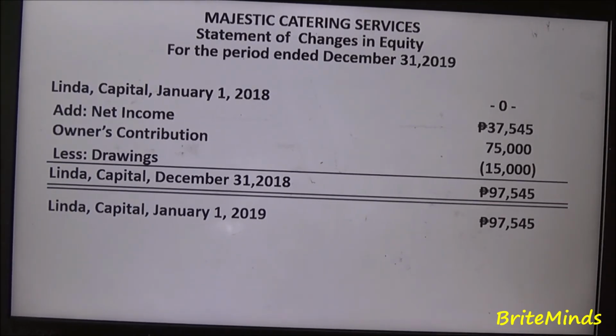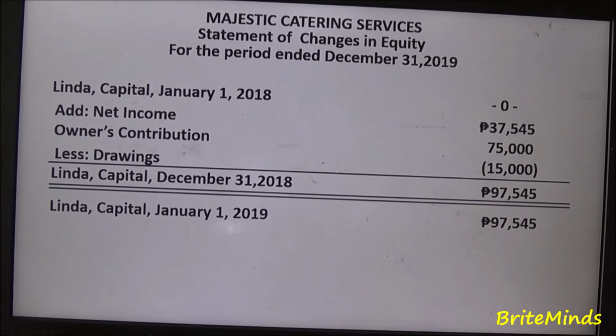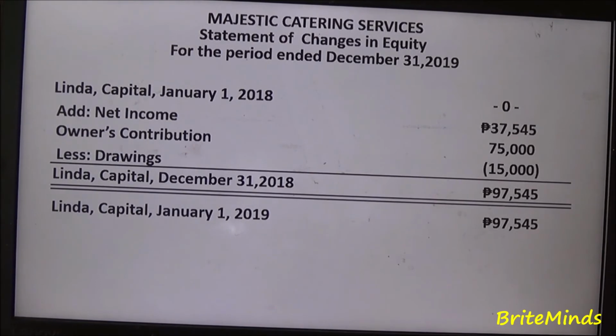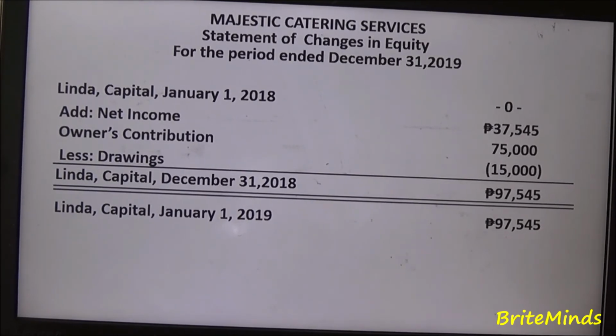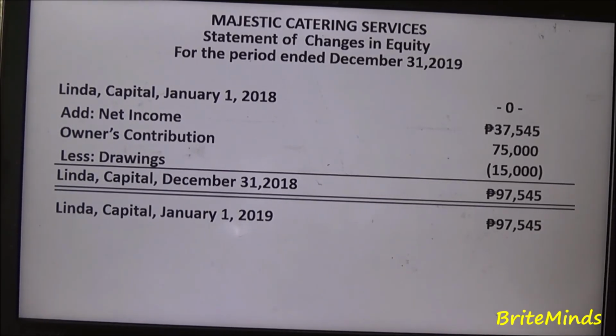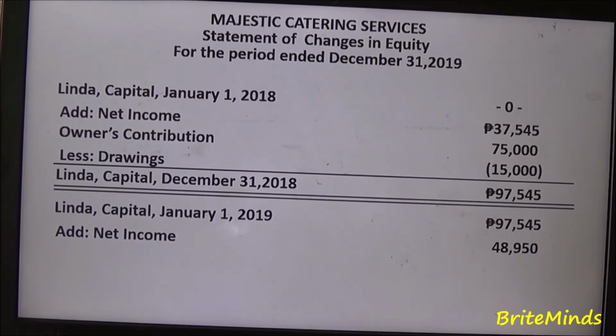So remember this, the ending balance will be the beginning balance of the next year. Then add the net income for the year 2019, which amounted to 48,950 pesos.